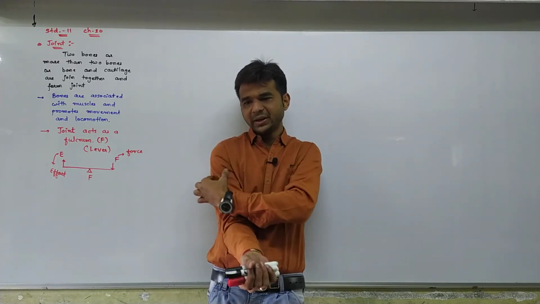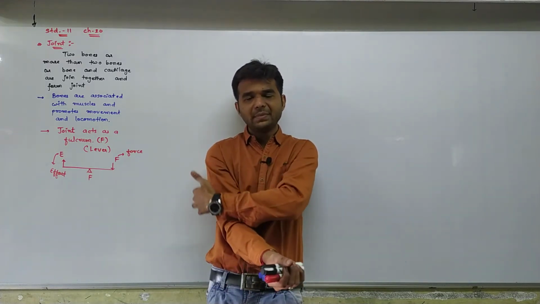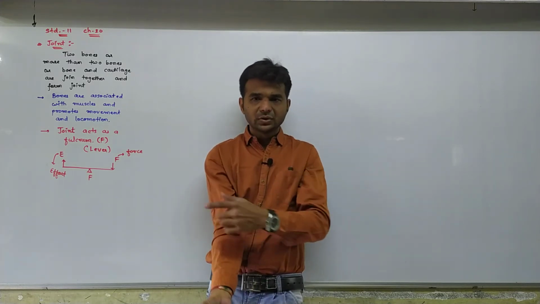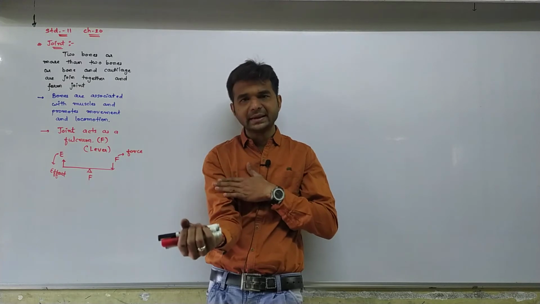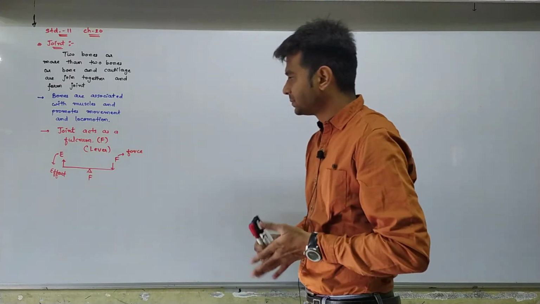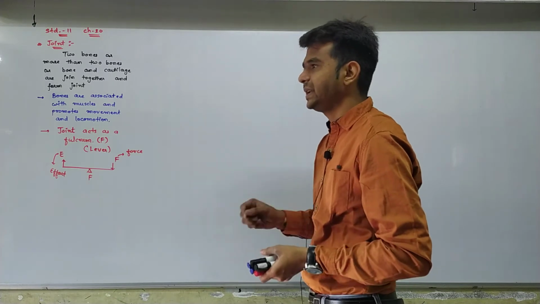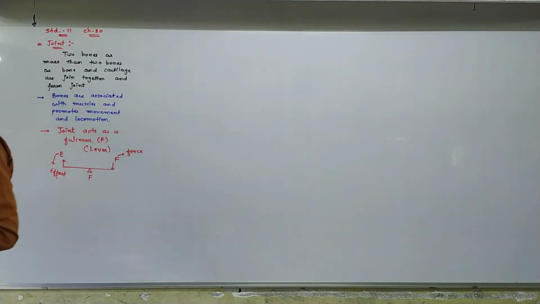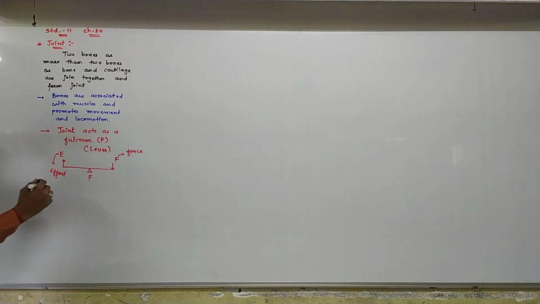Here is the triangle shaped deltoid muscle, and at the back of this arm the triceps muscle is there. So the effort is seen in the biceps muscle, but the fulcrum is mostly in the joint. So joint acts as a fulcrum mostly. Here three types of joints are there.